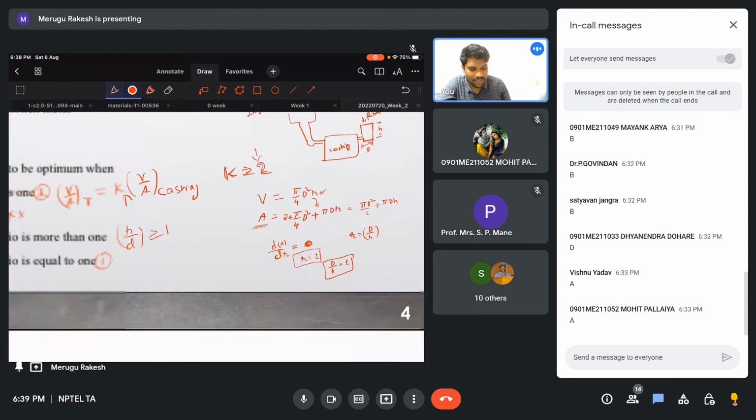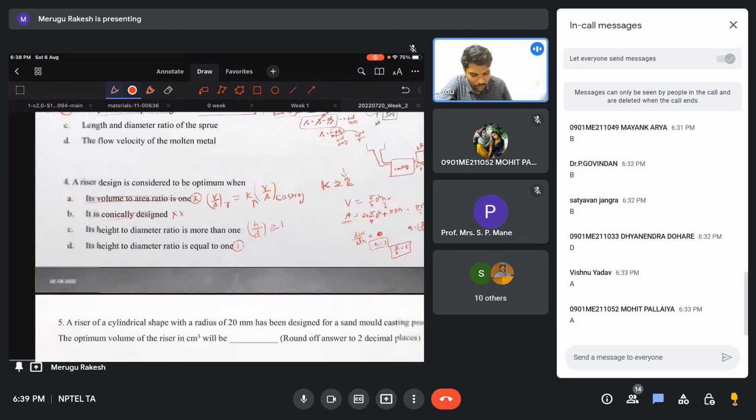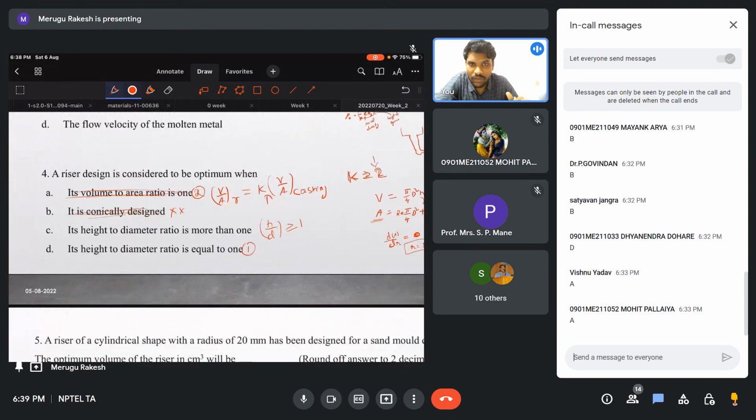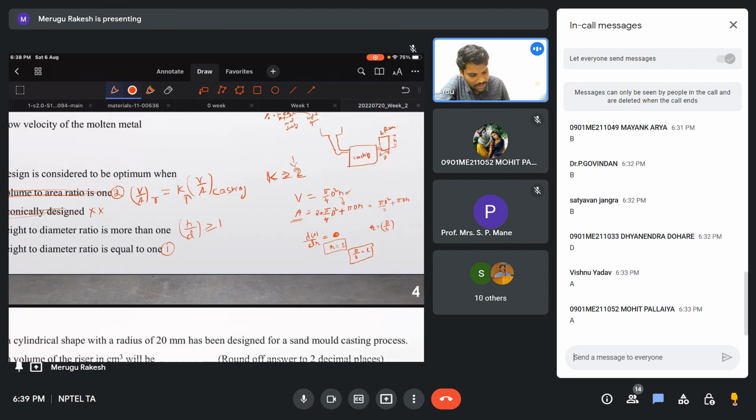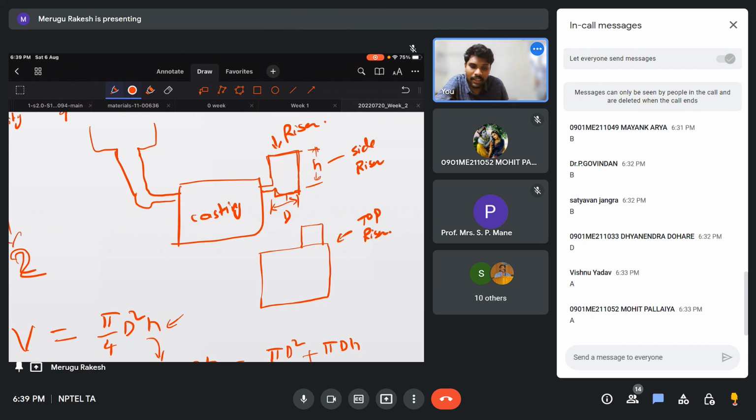So here this is the side riser. I have a little doubt about whether they are doing it for side. In the question they did not ask about side or top riser. So we have two risers. One is the side riser, and the top riser will be like this, directly attached, sitting on the top.